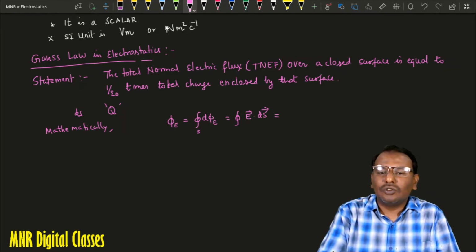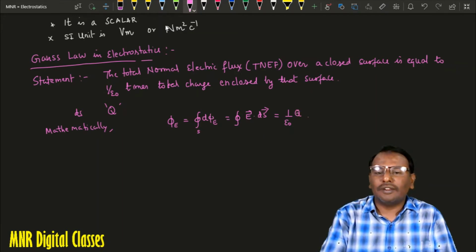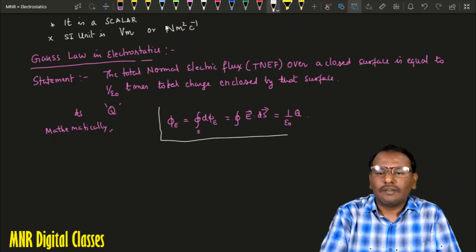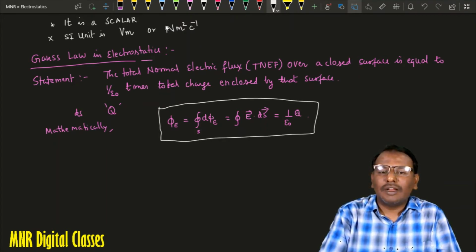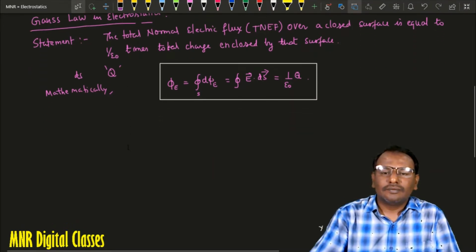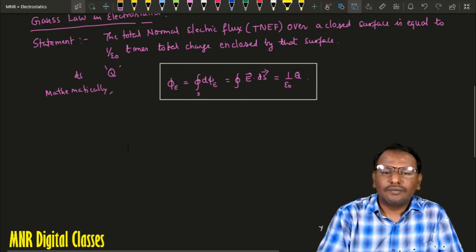This is equal to 1 over epsilon naught times the total charge enclosed by the surface. Here Q is the total charge enclosed by the surface. This is the mathematical form of Gauss theorem. Now let us prove this.